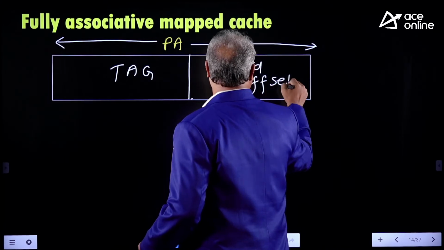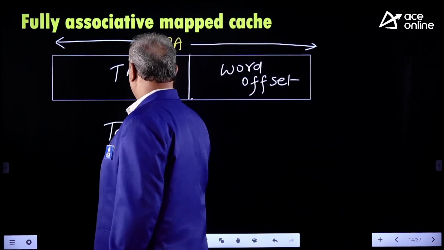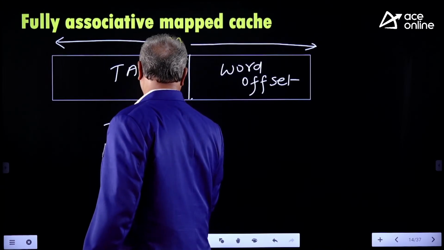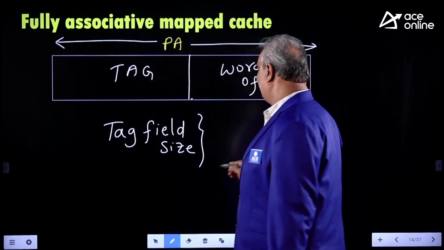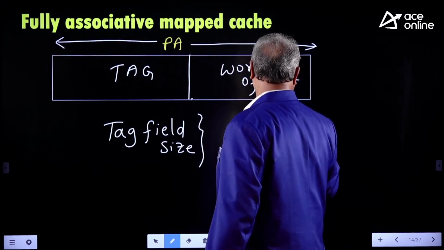In this, the cache index field is not required. Then what is the procedure to find tag field size? Tag field size means the number of bits required in tag. It is nothing but PA minus log BW.